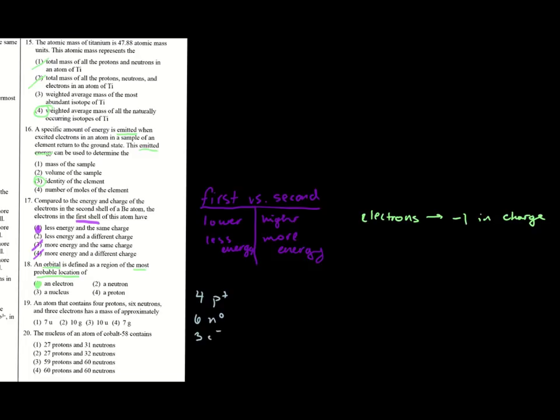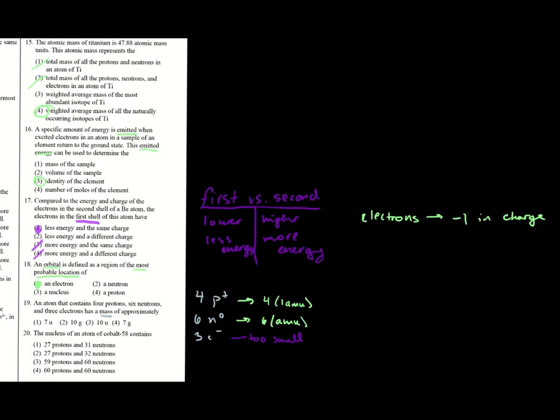Now talking about mass, which particle do we neglect? We neglect this guy. Too small. But these protons and neutrons each have mass. So there's 4 of them, and they each have 1 AMU of mass. Not grams, AMU, atomic mass units, because their actual size in grams is really, really, really small.